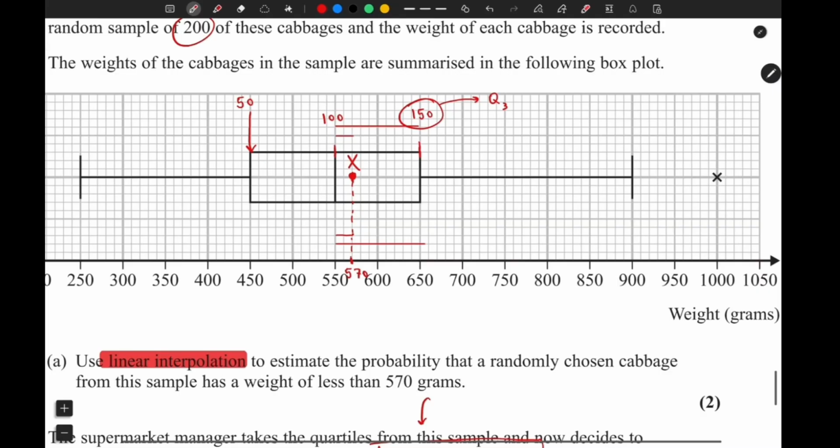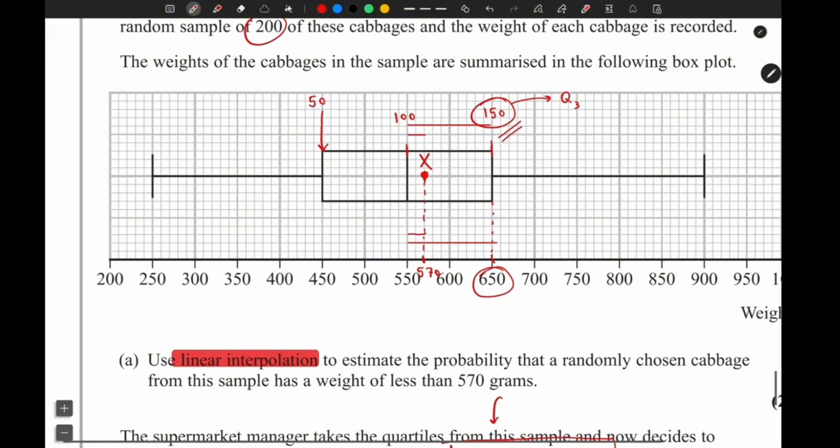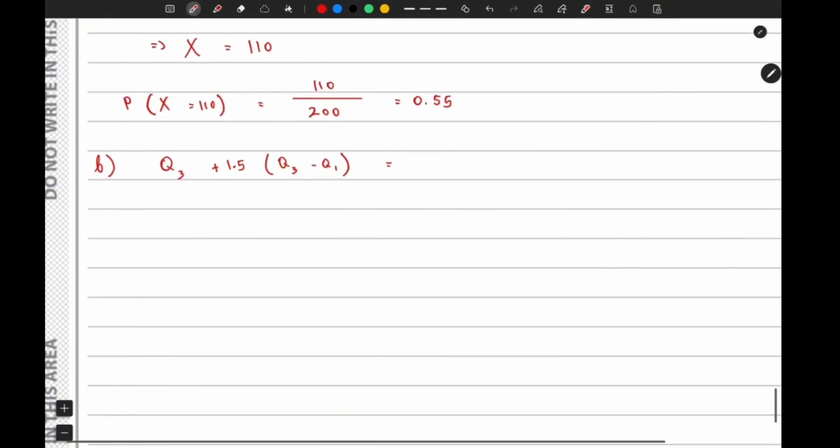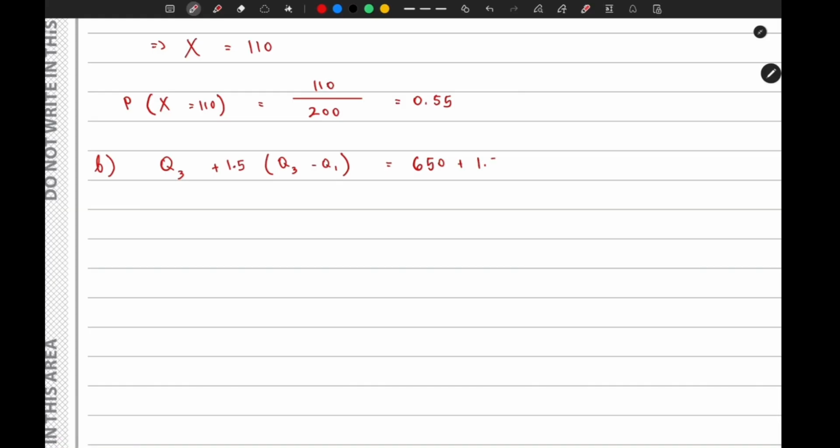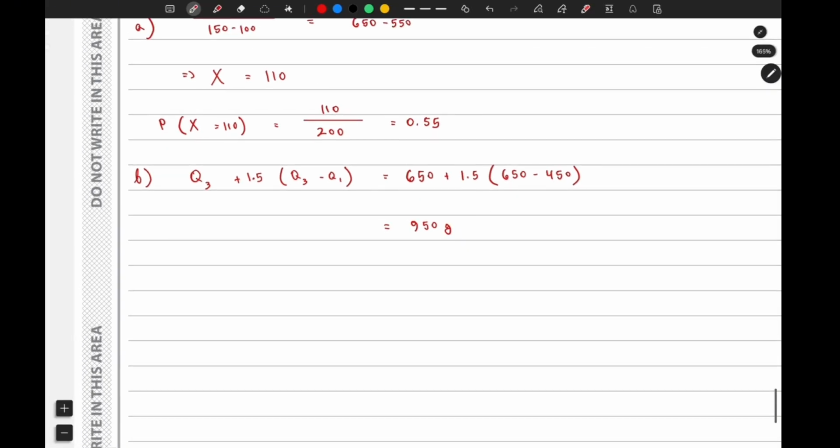At the upper quartile the value of weight is 650, and at the lower quartile the weight is 450. So it's 650 plus 1.5 times 650 minus 450, which equals 950 grams. So this is the minimum weight.